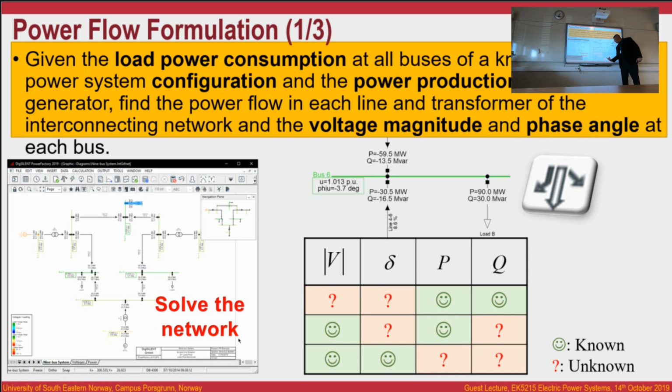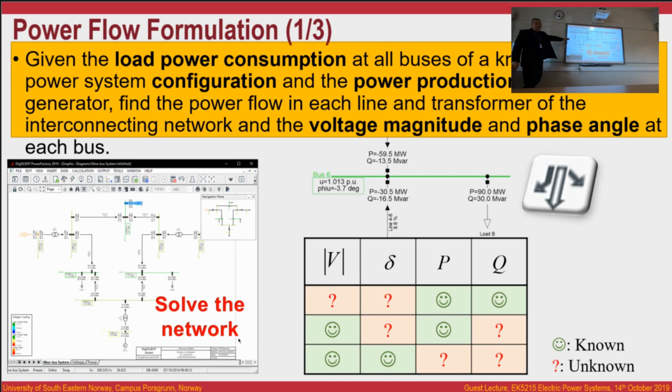This bus bar, every single bus bar can be represented by 4 electrical variables. If you know voltage and angle, you can obtain P and Q. Or if you know P and Q, you can obtain voltage.